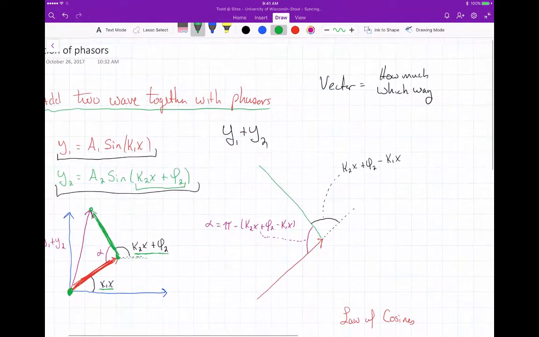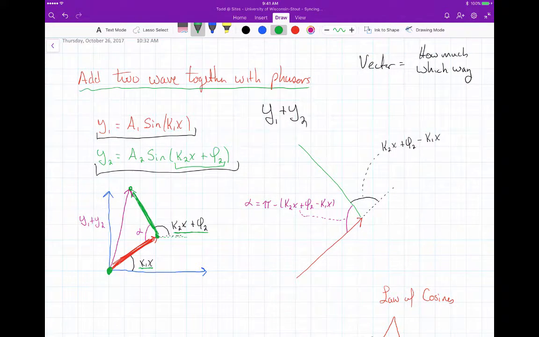Now, if we actually want to calculate the length of the resulting field, we need to do just a little bit of geometry. If we focus in on this part of the graph right here, I've drawn it over here, and this angle in here is essentially this result right here.